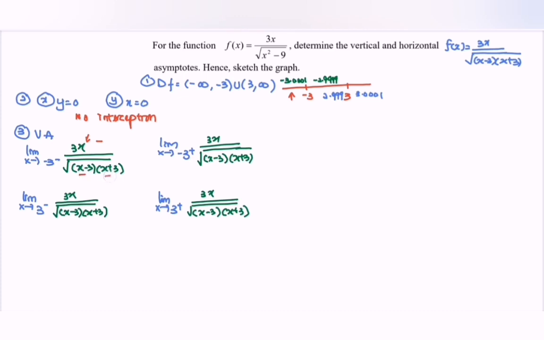So we have negative infinity, meaning it is decreasing without bound as x approaches negative 3 from the left.